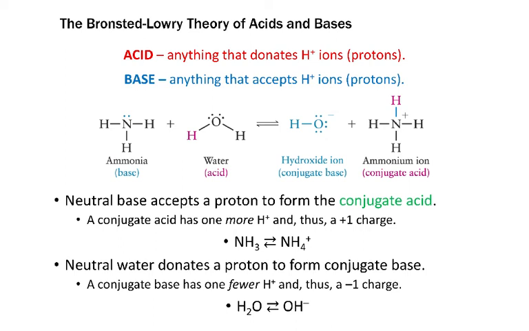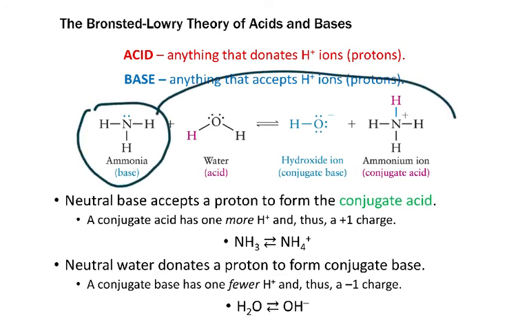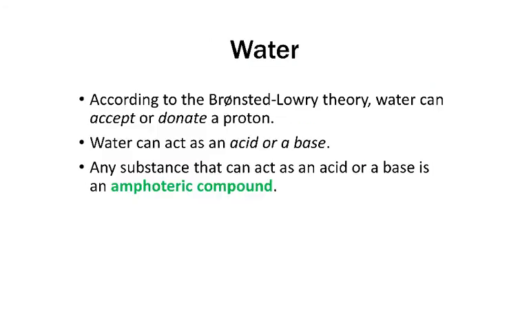And this is, once again, pointing out conjugate pairs, which we kind of just did. So you can see that these two are a conjugate pair, because the only difference is an H plus. All right, one last slide about water, and then we'll end part 1 here. So notice that water, in one case, accepted a proton, and in another case, it donated a proton.